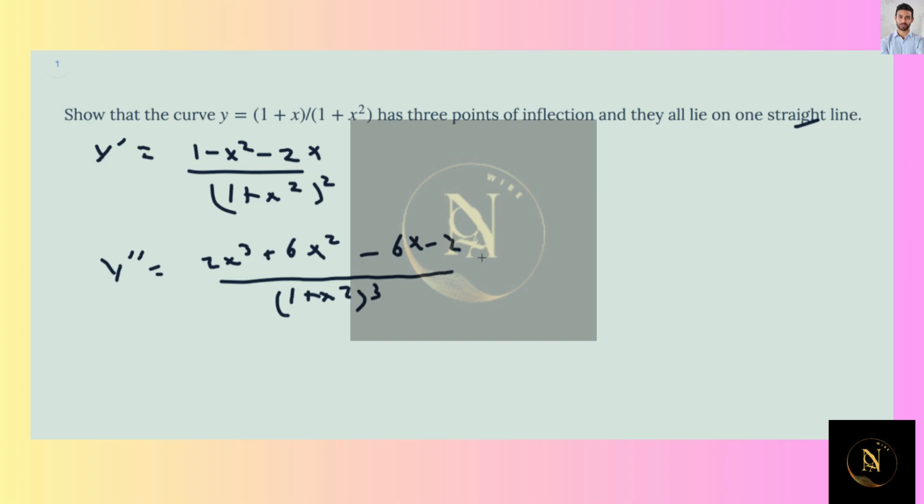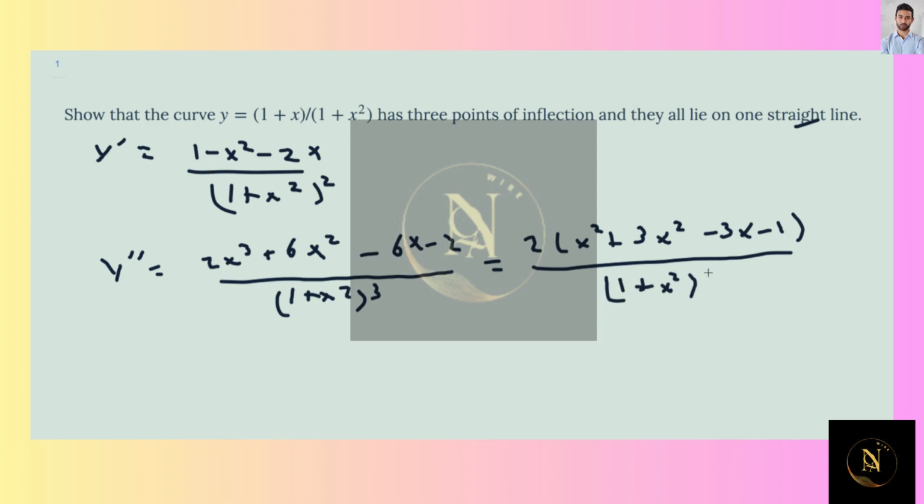And then you can simplify this further by pulling out a factor of 2: 2 times (x cubed plus 3x squared minus 3x minus 1) over (1 plus x squared) cubed.